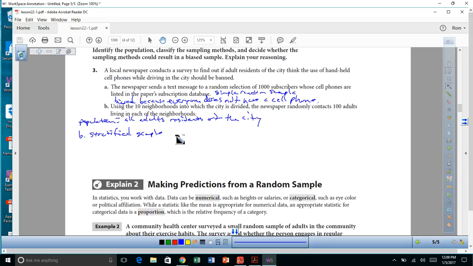Not likely to produce a biased sample, since you're getting 100 from each of the 10 neighborhoods, so you're getting a bunch.